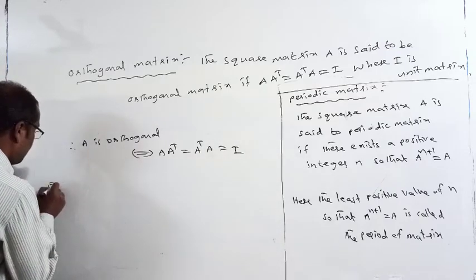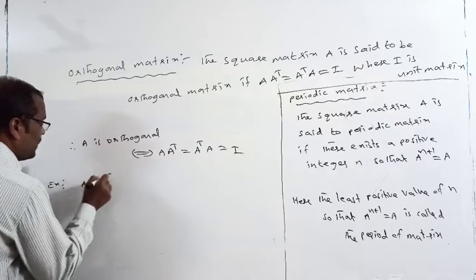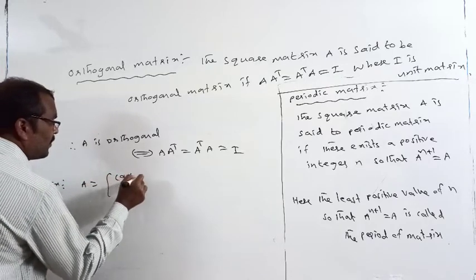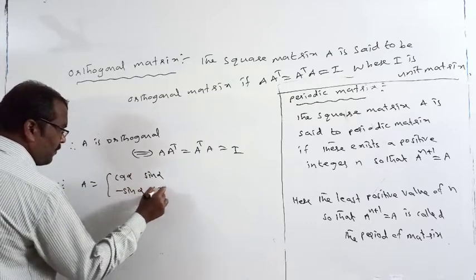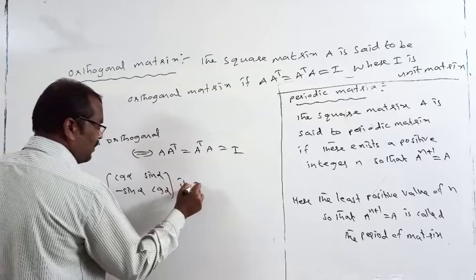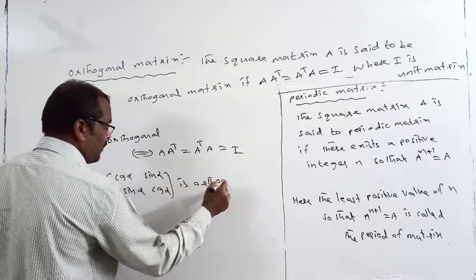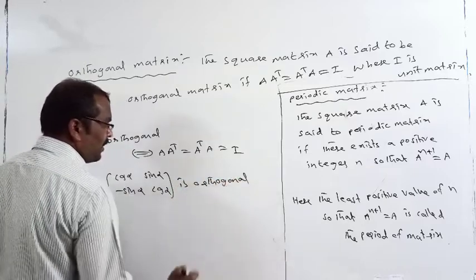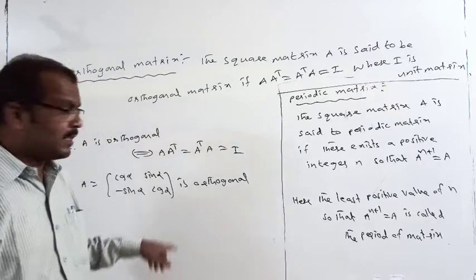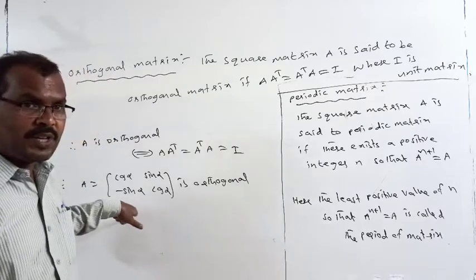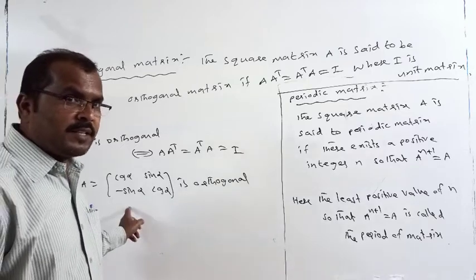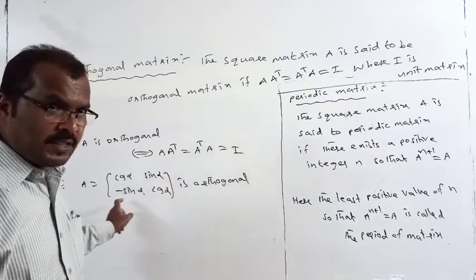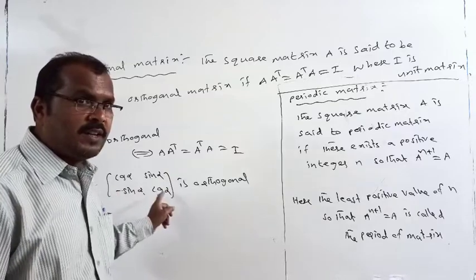Example, A is orthogonal. Already we have seen in the exercise, we have a question in the exercise. Prove that A is equal to cos alpha, sin alpha, minus sin alpha, cos alpha.